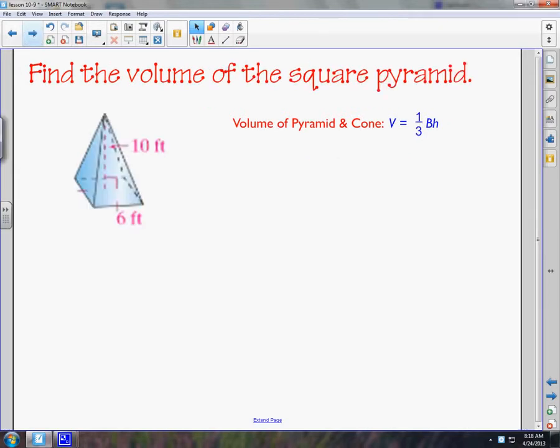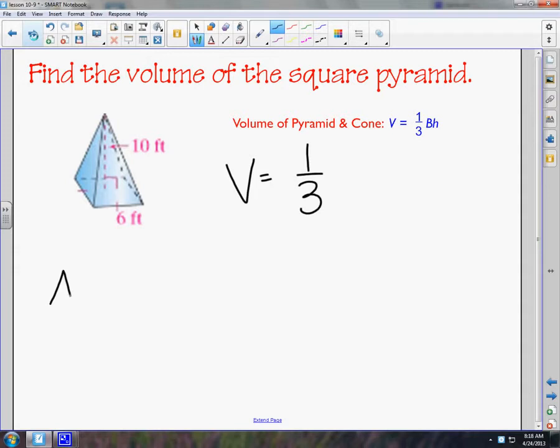Okay, so try this one. Find the volume of the square pyramid. Try this on your own, and then we'll go over it. Okay, so my formula is the same: 1/3 times the area of the base times the height. So I'm going to do the area of the base over here. Now, if you look, this is a square. It has the little tick marks, which means that they are congruent.